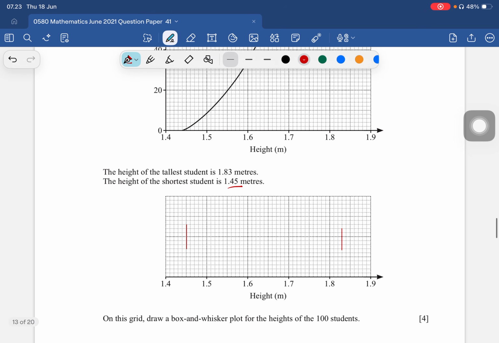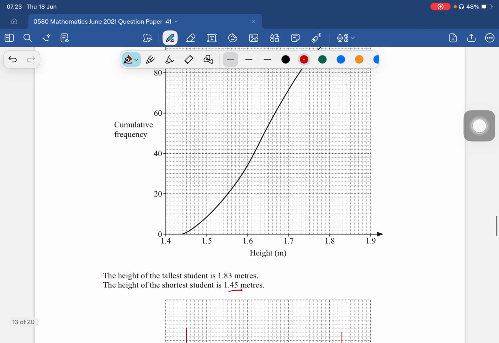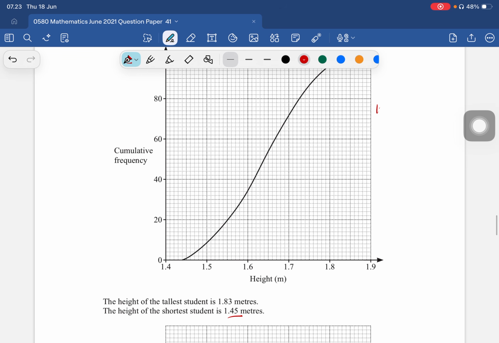Okay, let us find quartiles 1, 2, and 3. So 100, we multiply by 1 over 4. This is quartile 1. Go to 25. So 25 is here, make a straight line.